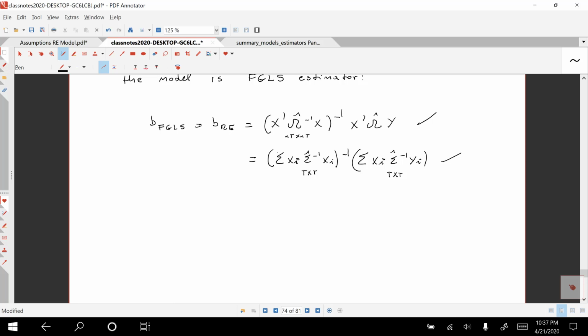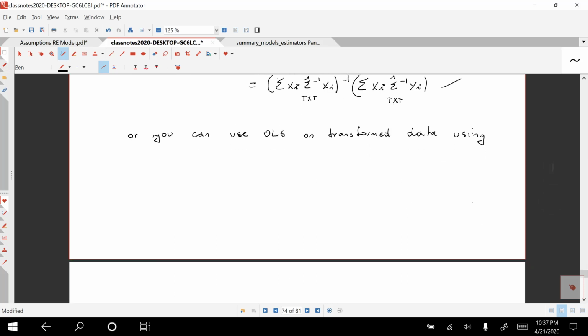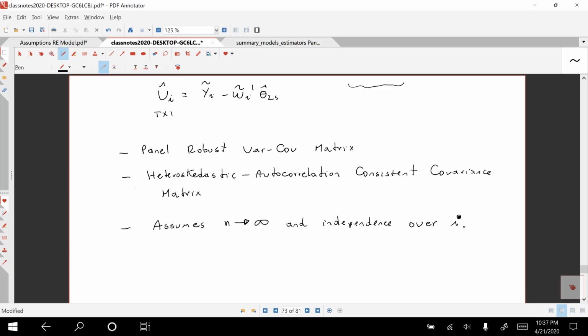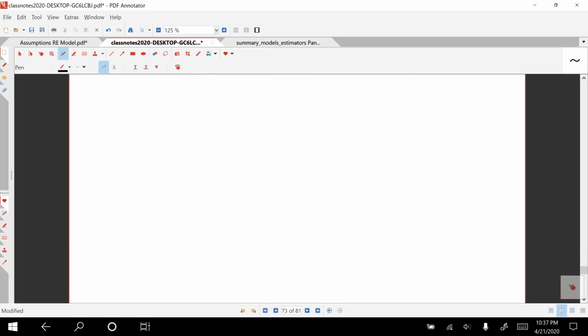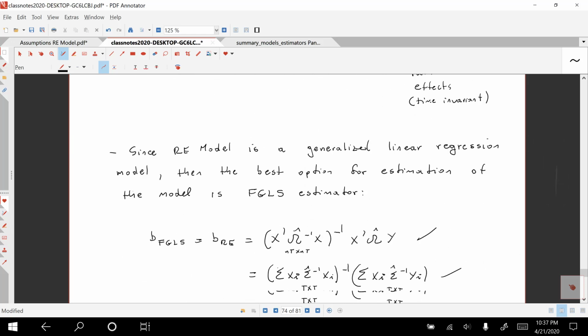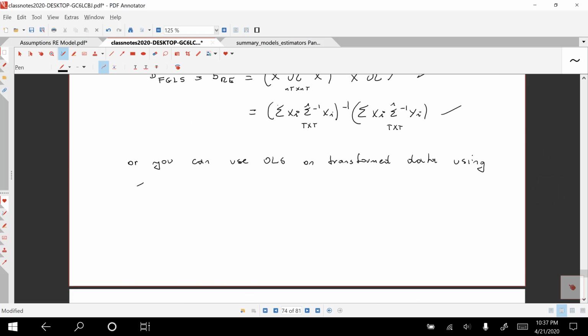So that's the other alternative: you can use OLS on transformed data.